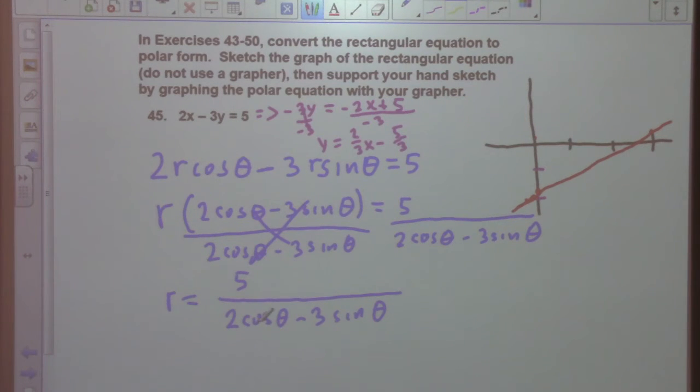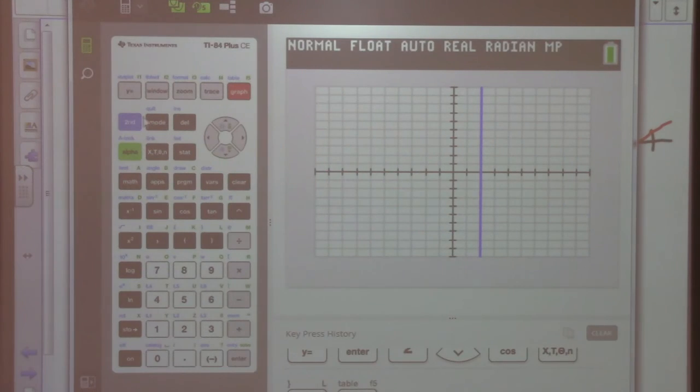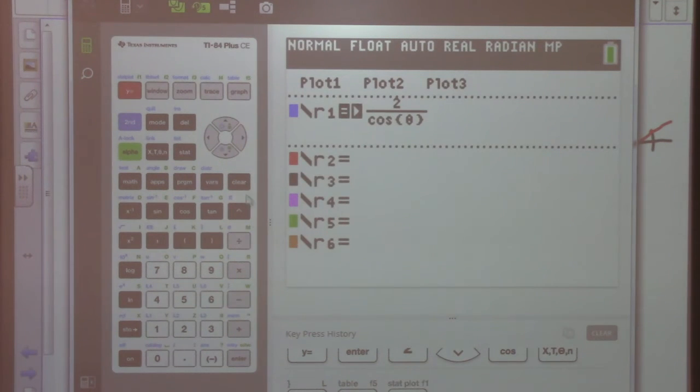R equals 5 over 2 cosine theta minus 3 sine theta. So I'll put 5 over 2 cosine theta minus 3 sine theta, and see what we get.